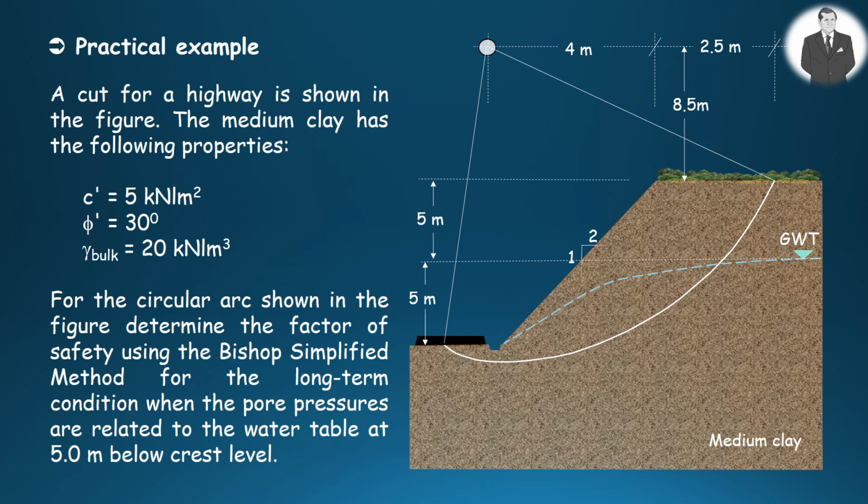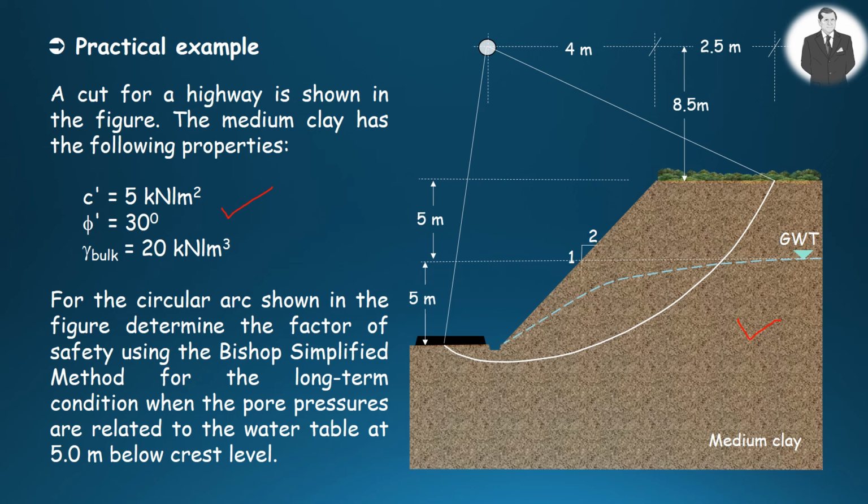Here you have a practical example. A cut for a highway is shown in the figure here. The cut is carried out in a medium clay which has the following properties given here.